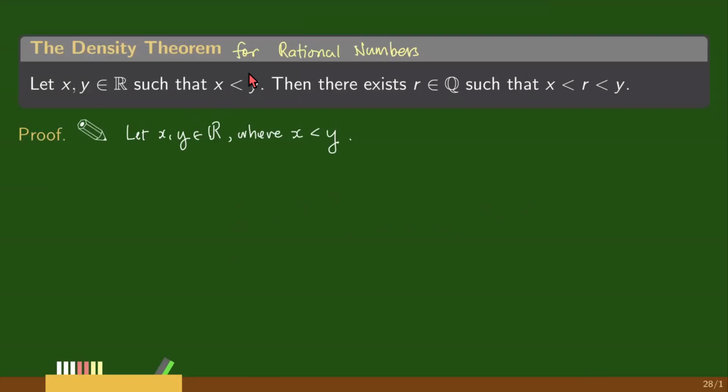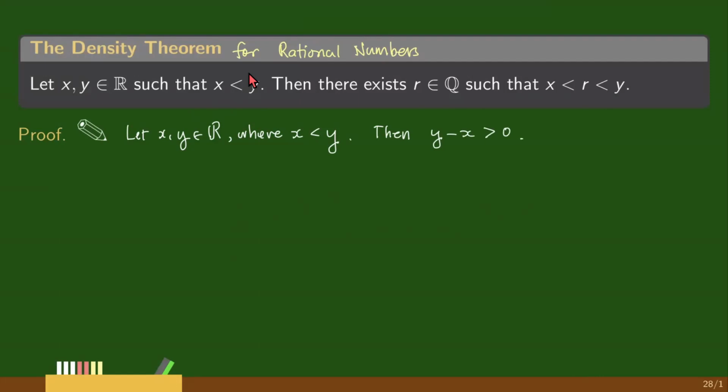Makikita ninyo, gagamitin ko yung dalawang theorems na na-discuss natin kanina, which is the Archimedean property and the floor and ceiling theorem. I'm going to use them ng sabay. And makikita nyo, ma-establish natin yung gusto nating malaman. First of all, because x is less than y, ang y minus x ay positive.